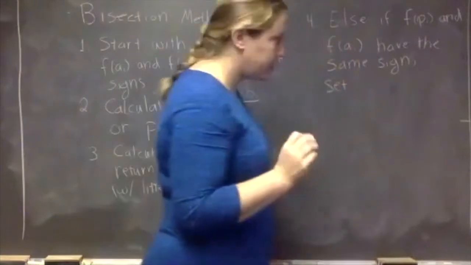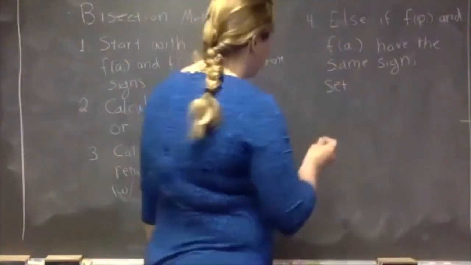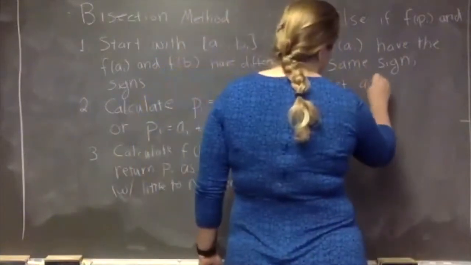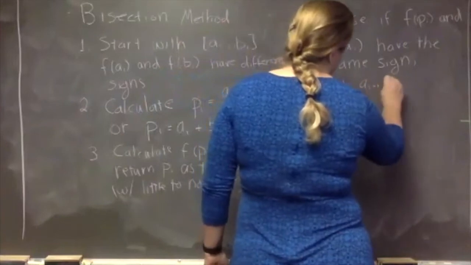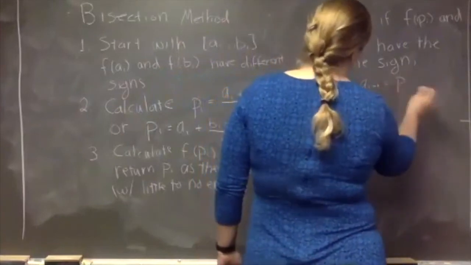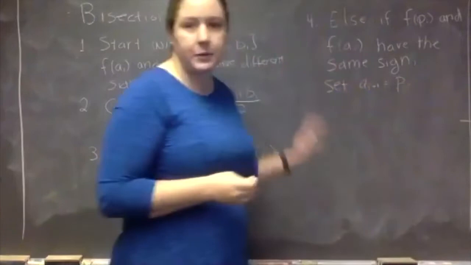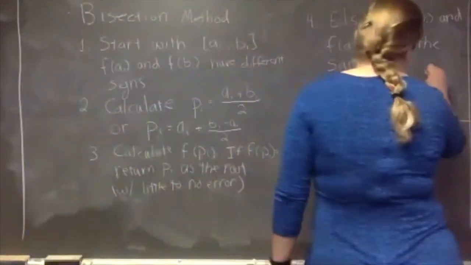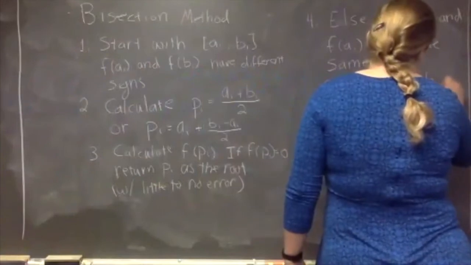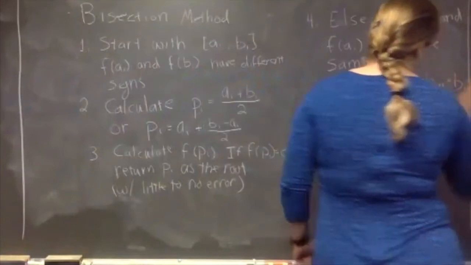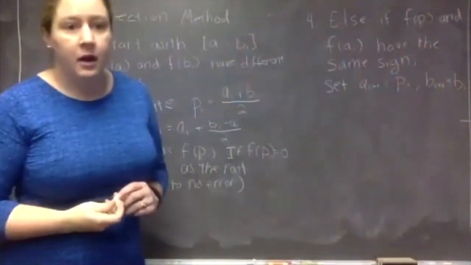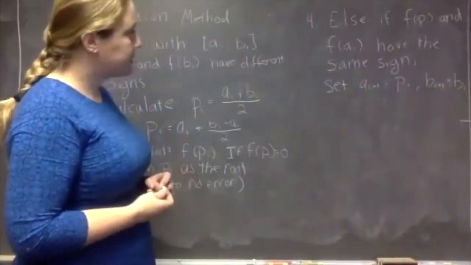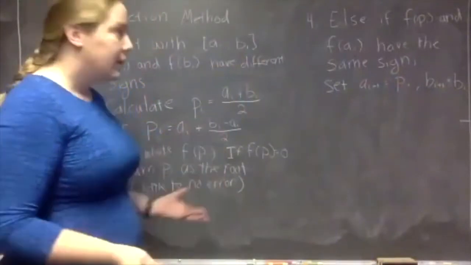We can be more general. We don't have to do a1, p1. We can set ai plus 1 equal to whatever our pi was, because we're moving the a if it has the same sign. And bi plus 1 is just whatever bi was. I'm almost off the screen there. So the a moves, the b doesn't.